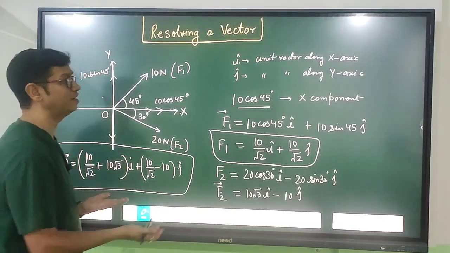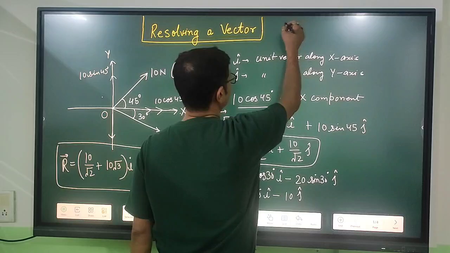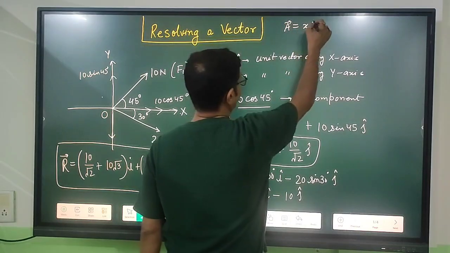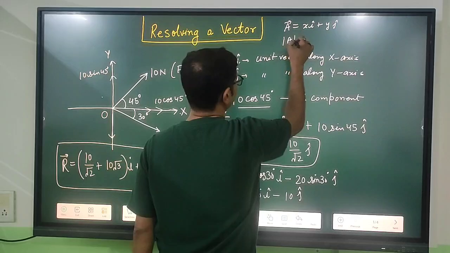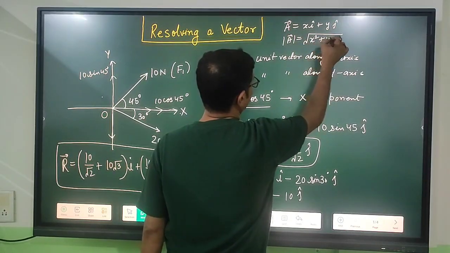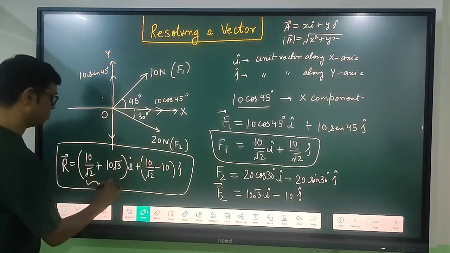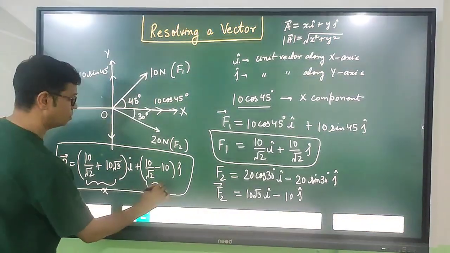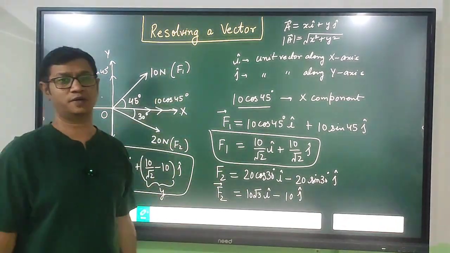That is something you should already know, because for a vector written in the form x i cap plus y j cap, the magnitude of A is always the square root of x square plus y square. Here, this number is your x and this number is your y.